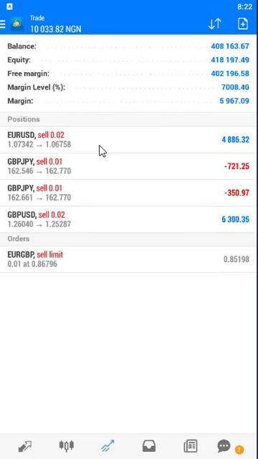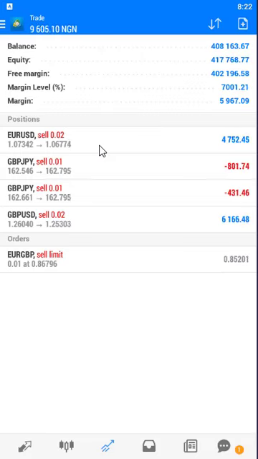Okay, stop loss of 46 pips. 1.07805 as my stop loss minus my entry price 1.07342 is giving me 46 pips, ignoring the point there. It's actually 463, but ignoring the last digit, giving me 46 pips.